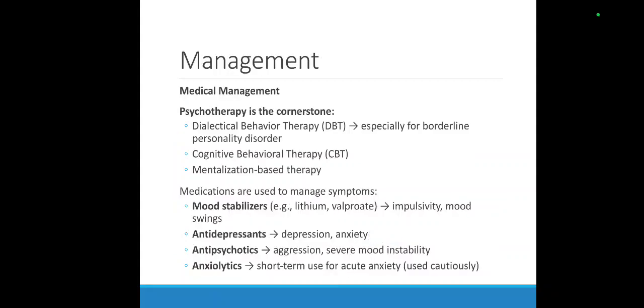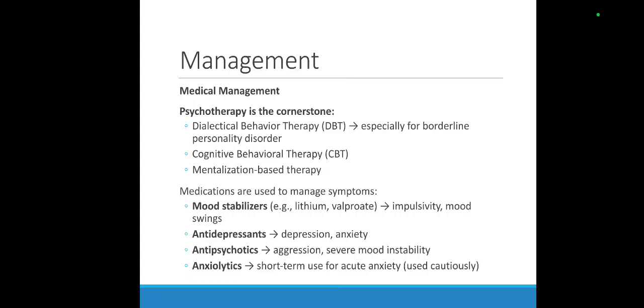So what are the medical and nursing management for patients who belong to cluster B? We have psychotherapy again. Again, there is no cure. There is no specific medication that is a cure for personality disorder because the problem here is the personality of that person. Now, what is the cornerstone treatment? Psychotherapy.